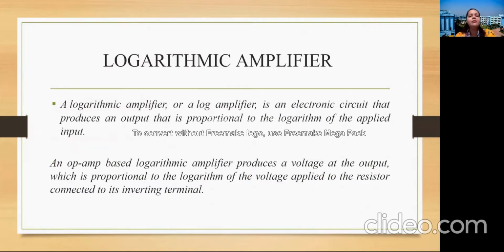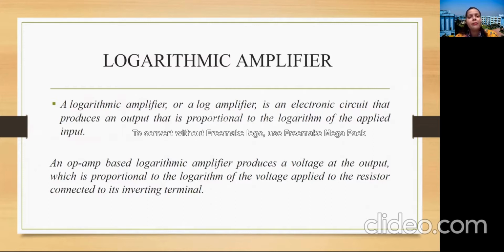Now, what is a logarithmic amplifier? In our last video, we discussed the integrator and differentiator using op-amp. As op-amp can be used for any mathematical or logical operation, with a similar point of view, the logarithmic operation can also be done using an operational amplifier.